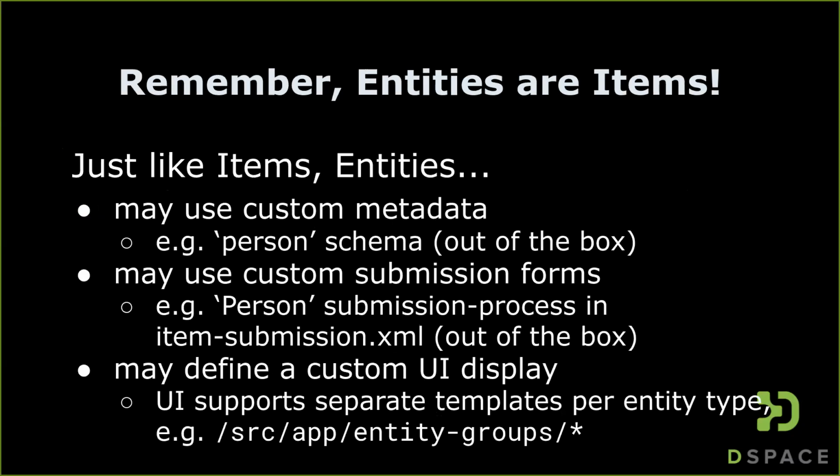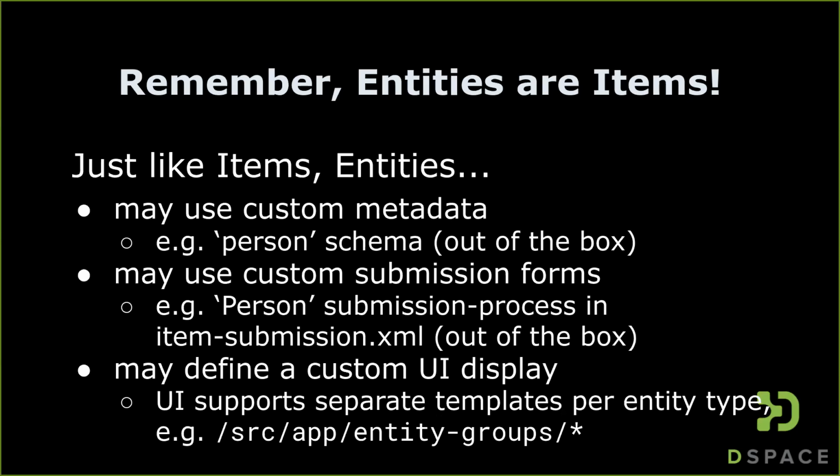Let's move forward here. And again, remember, entities are all items, so you can use all the same features that items have for entities. So a lot of entities have their own custom metadata schema. There's a person schema out of the box for a person entity. They can have their own submission form, so you can have a person submission form, and there is one actually out of the box available for you to use if you want to use it. So you can have person entities that are created differently from regular publications.